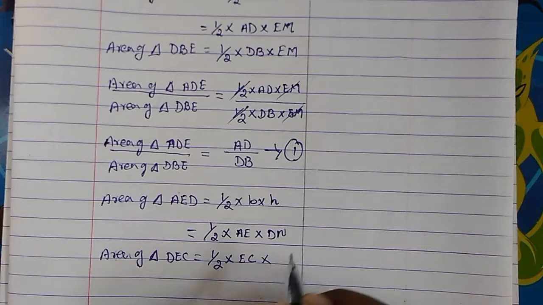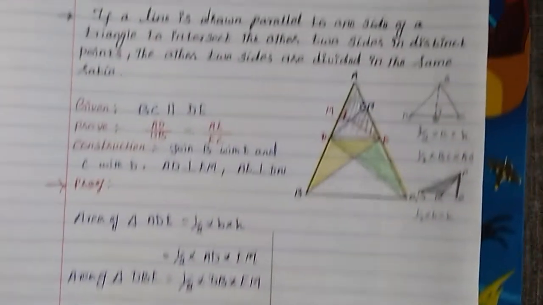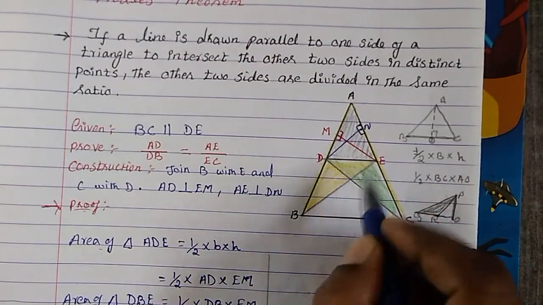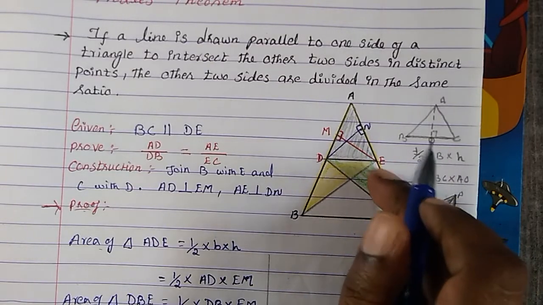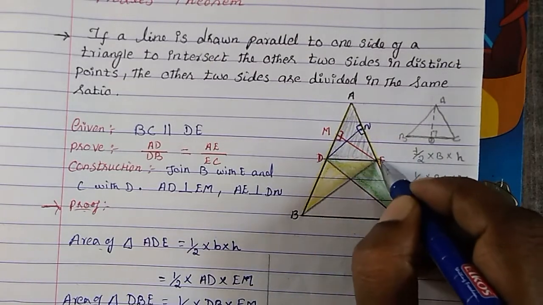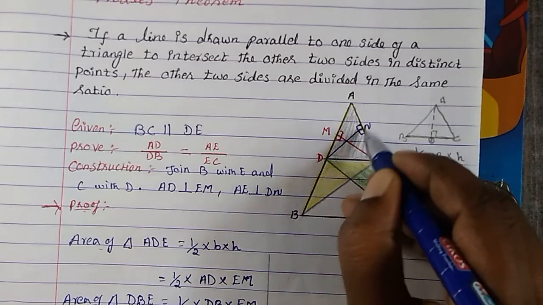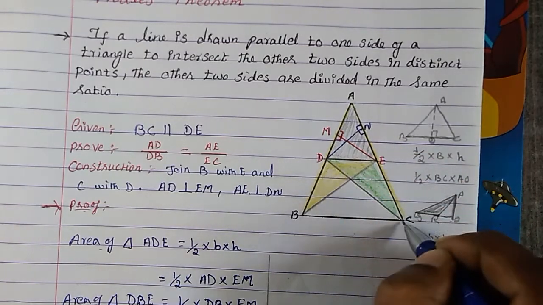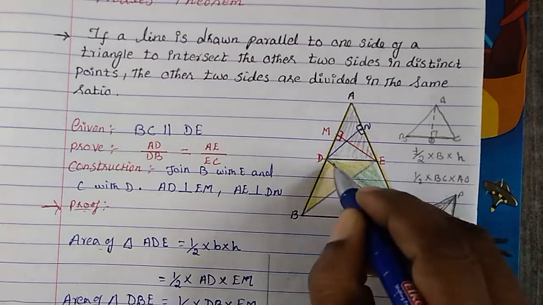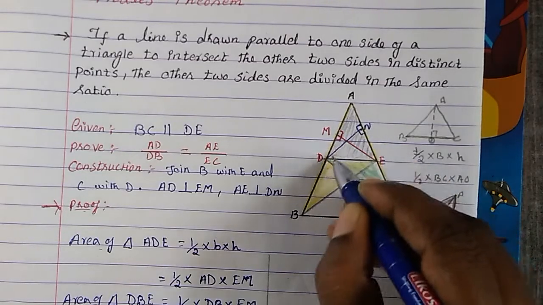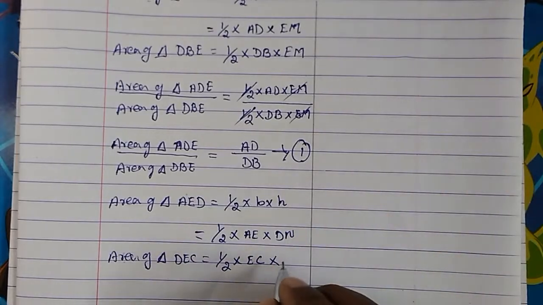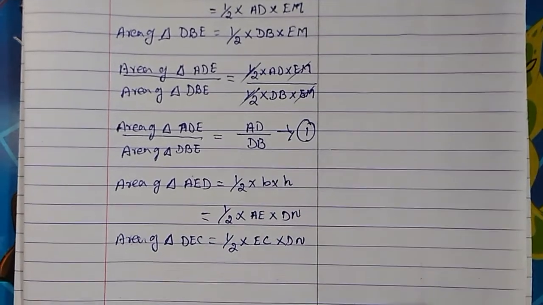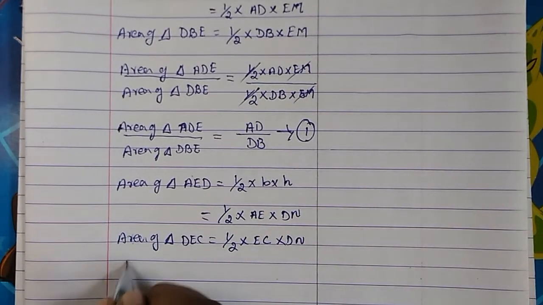And for the height, similarly, this triangle also has no height inside, so we take it outside. The base is extended, and this becomes the height of this triangle. For this triangle, the height is this blue color, as I showed you. So that is DN.